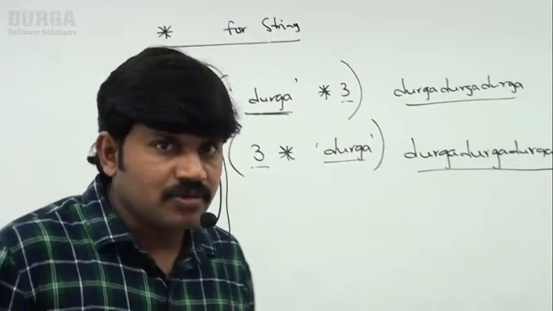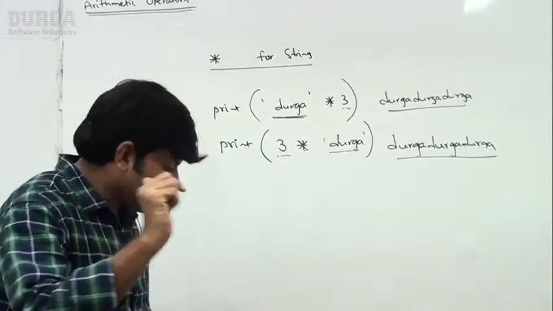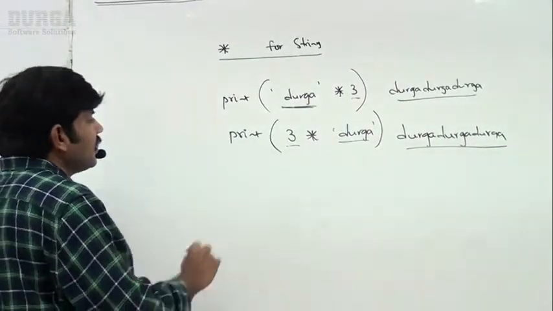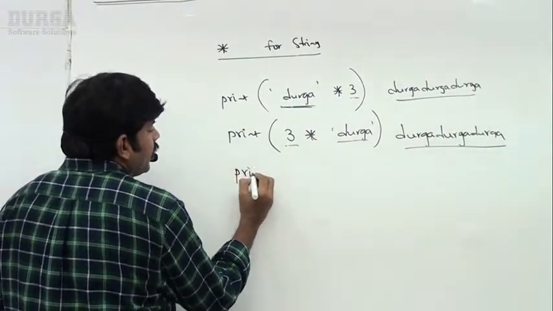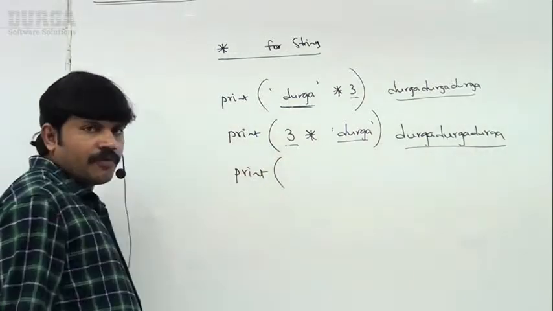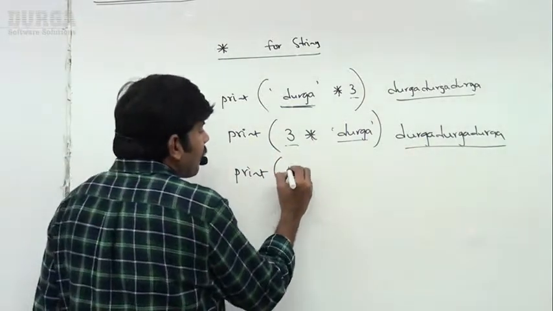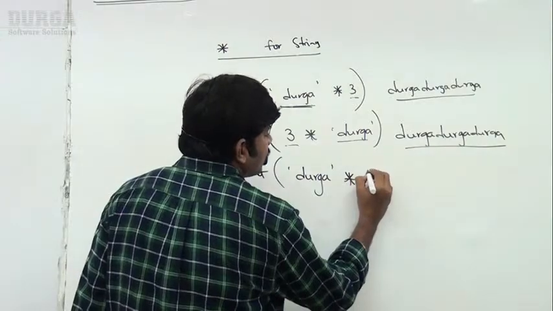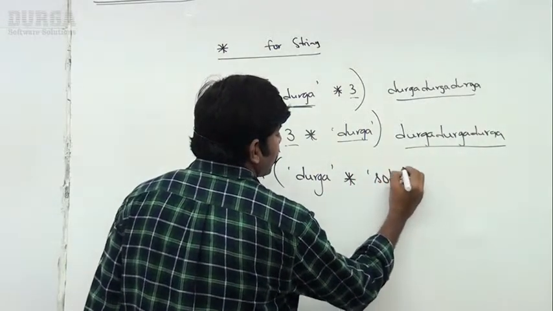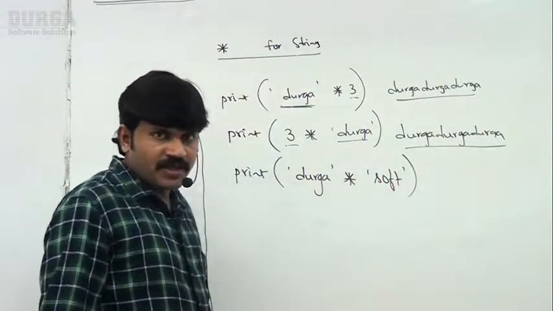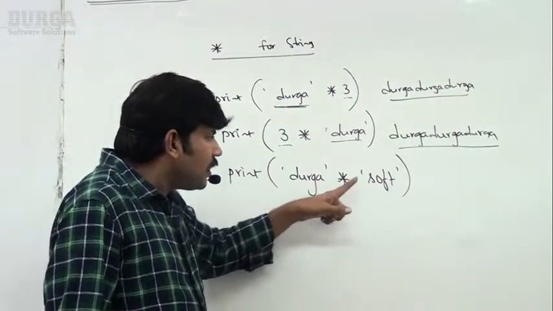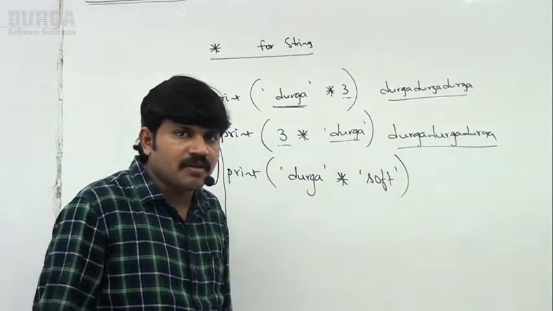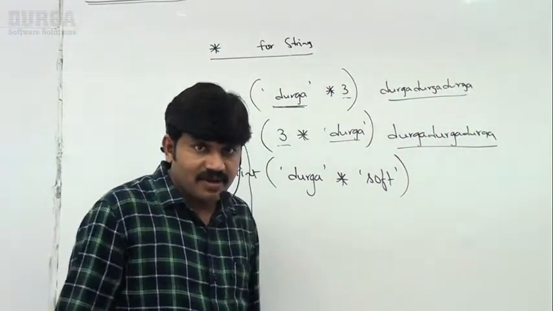But here also one small twist is there. What is that twist? Listen carefully. If I am taking "Durga" followed by "soft", like this, immediately the Python virtual machine will give an error.